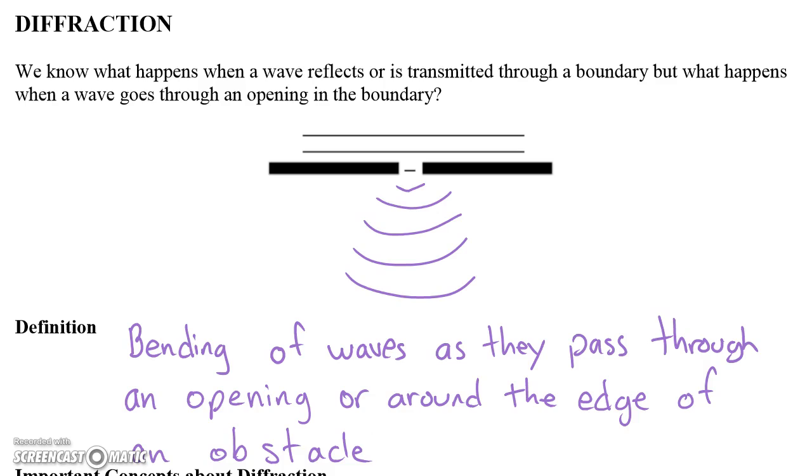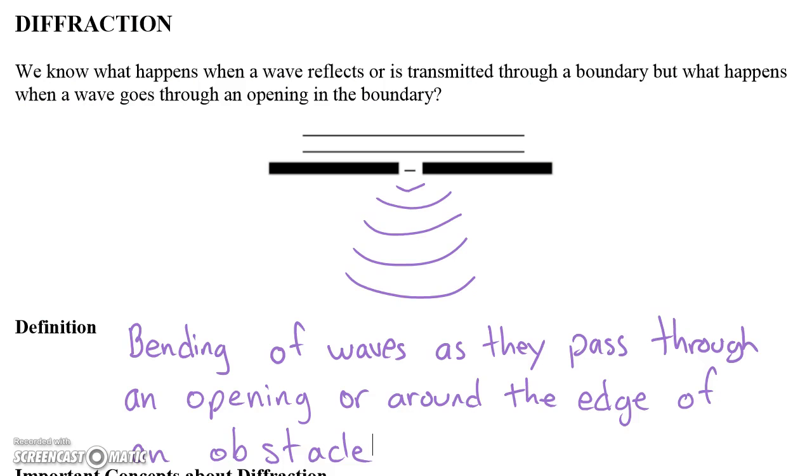Diffraction is the bending of waves as they pass through an opening or around the edge of an obstacle. We can see here we go from a plane wave traveling in one direction, but it starts spreading. And if I add in another wall over here with another opening, we should see the same thing start happening, and we can see it again, where the wave spreads out through the other opening.